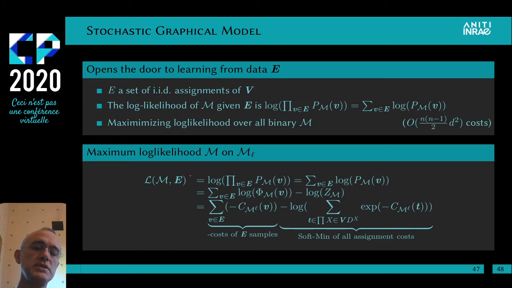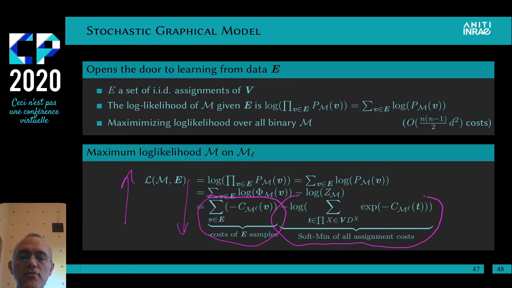And if you do simple maths, you can show that if you maximize log likelihood on the MRF, you essentially do this on the associated CFN. You want to minimize the cost of the assignment, which is consistent with the idea that they are high quality. And at the same time, you want to maximize the soft minimum of the cost of all the assignments.